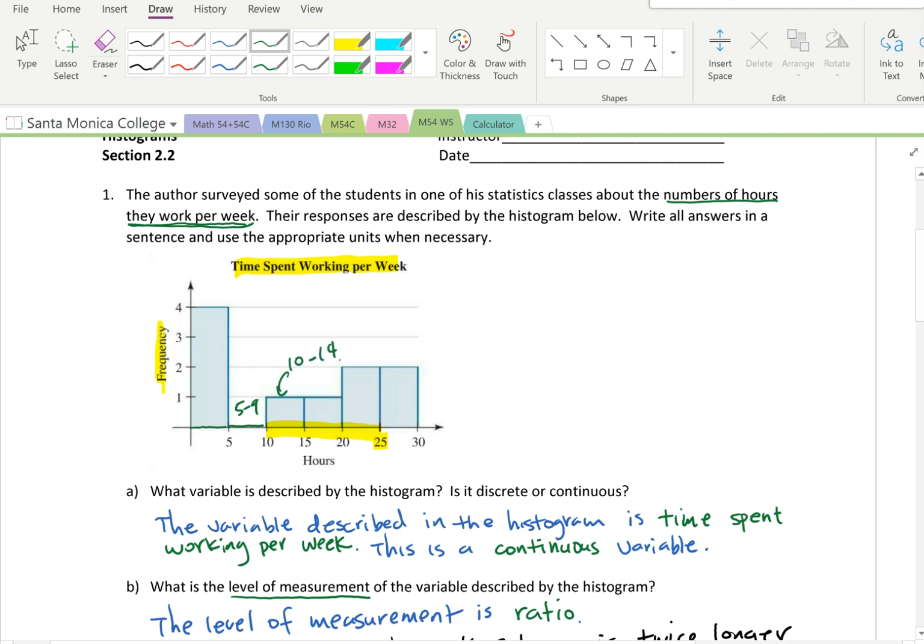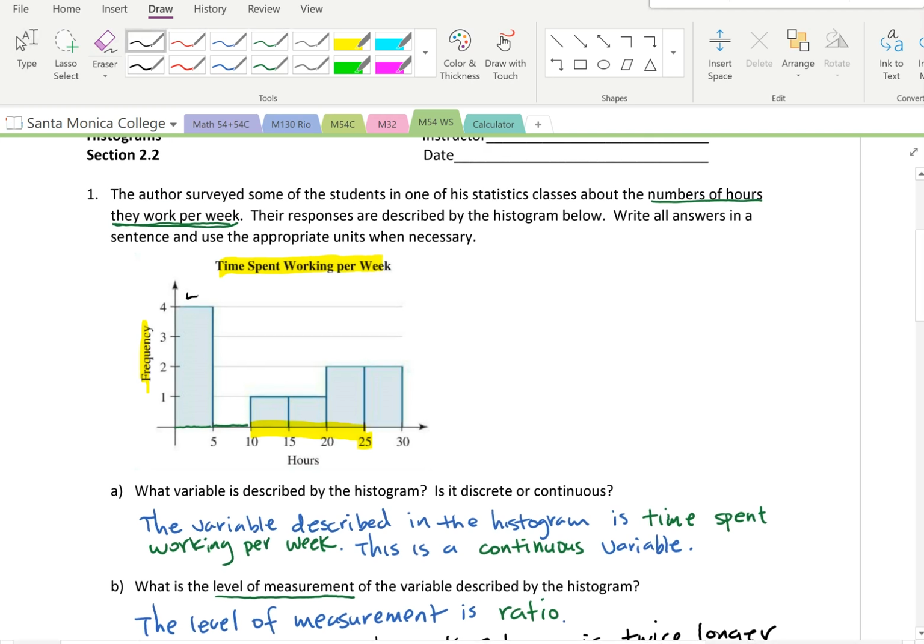So if I want 9 to 25, let's approximate each bar here and see how tall it is. The first one here is 4. This one is 1. That one is 2. So I want between 10 and 25. That means I want this one and that one, for a total of 4.